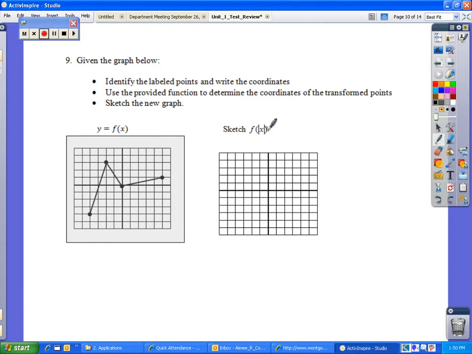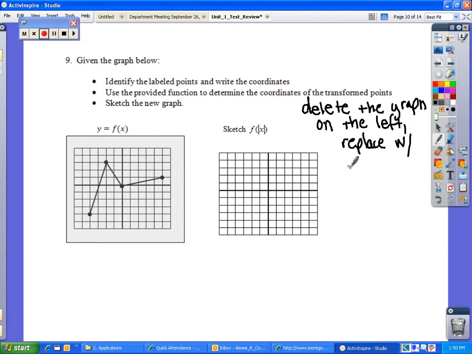So for the f of the absolute value of x, what you want to do is delete the graph on the left, then replace it with a reflection. So literally, you are going to get rid of all of this.